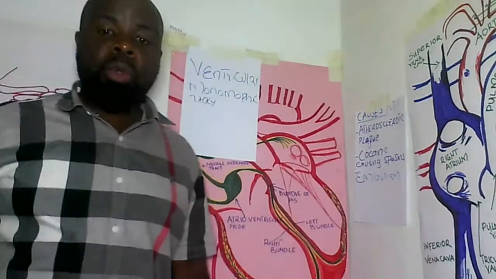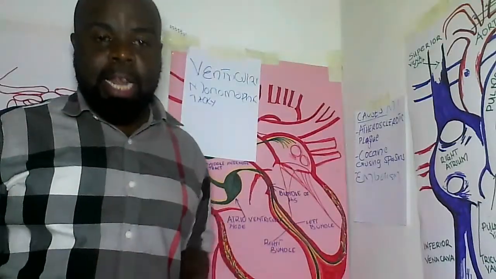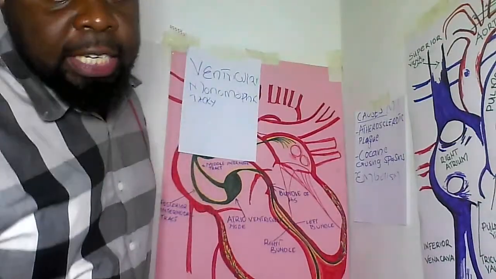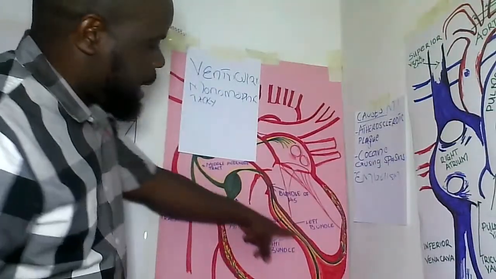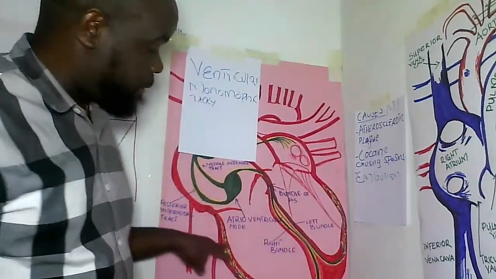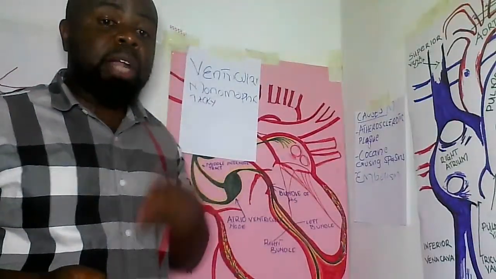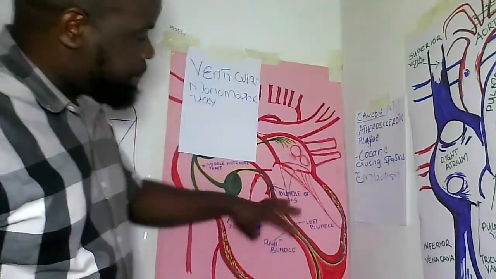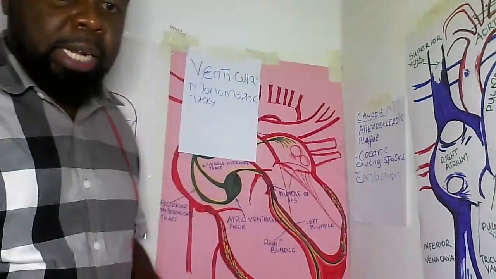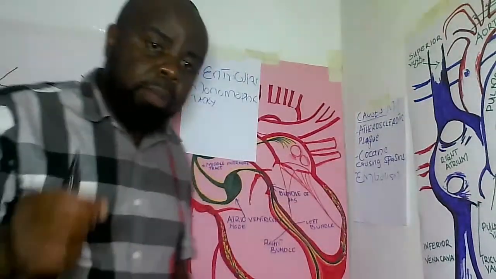Because it's one, we call it monomorphic tachycardia. Mono is one. But you can get several places within the bundle of His. This green thing here that is sending signals down the ventricles is called the bundle of His. Several places that are sending several impulses, we call them polymorphic.